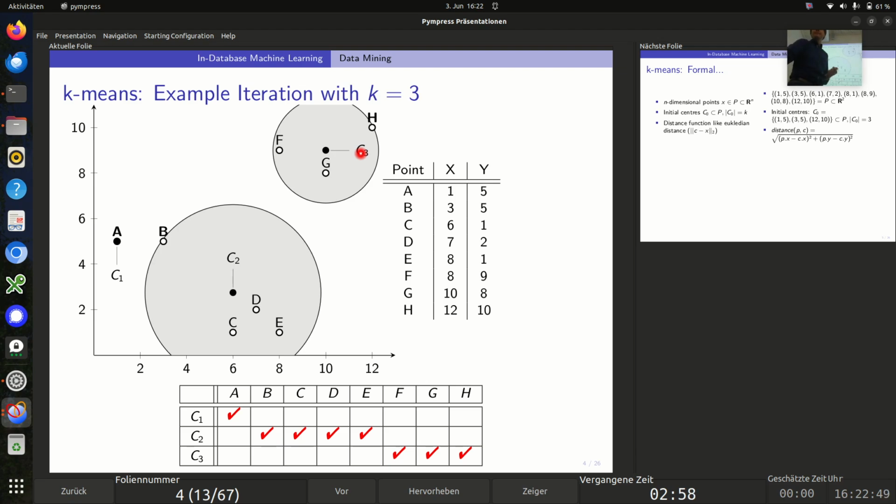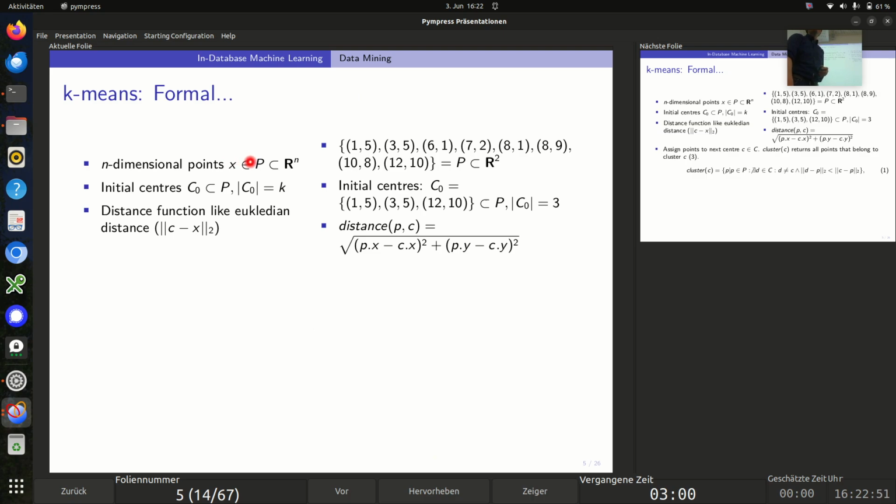So we would say we have n-dimensional points. In the example we had 2 dimensions, and how many points? 1, 2, 3, 4, 5, 6, 7, 8 points. Then we have some initial centers, and the centers are taken from the original points.